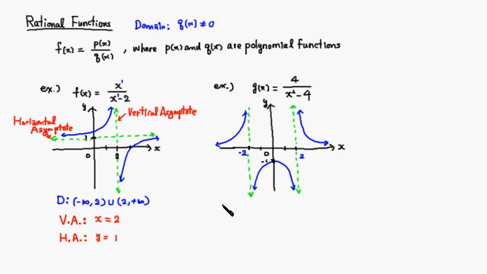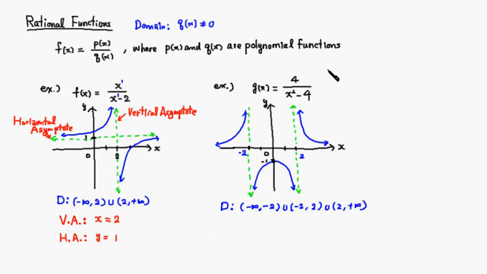So the domain is all real numbers except for plus or minus 2. We go from negative infinity to negative 2, skip negative 2, then go to positive 2, skip positive 2, then go all the way to positive infinity. So that would be the domain.